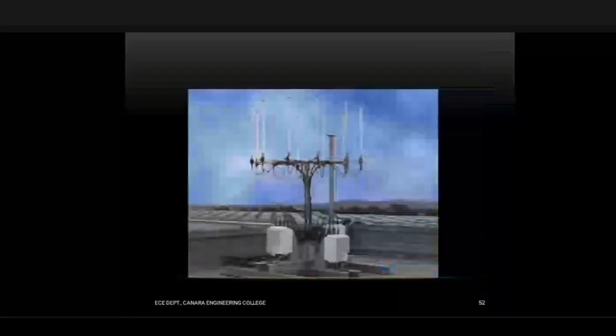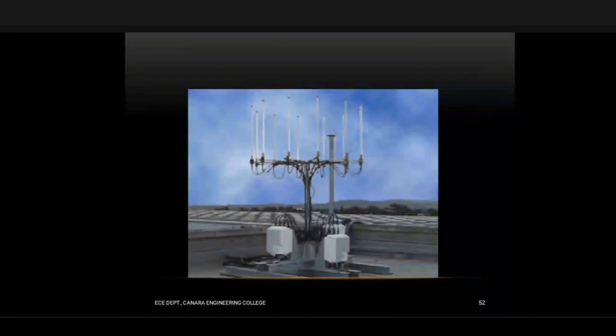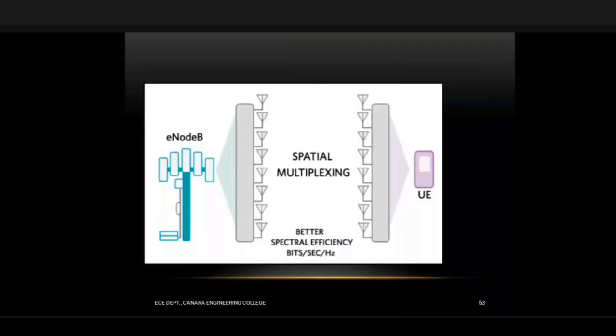And this is how it looks. If you look at mobile towers, you will see multiple antennas, and that is basically for spatial multiplexing. Another example, E-node B, spatial multiplexing, for better spectral efficiency.